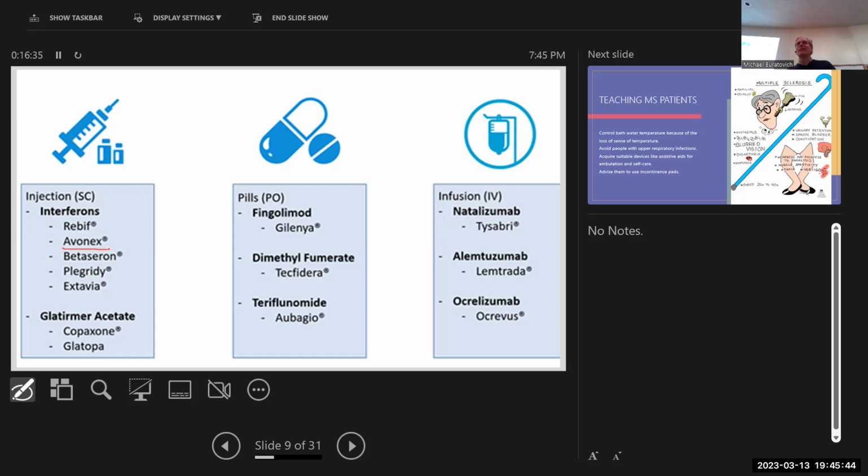It is safe during pregnancy. It's excreted in breast milk, but it's clear that the peptides are degraded in the belly of the kid, so that it's safe during lactation as well. Very well tolerated, very safe drug. You get about a 30% reduction in flares. So it's not the most effective drug, but it's well tolerated.